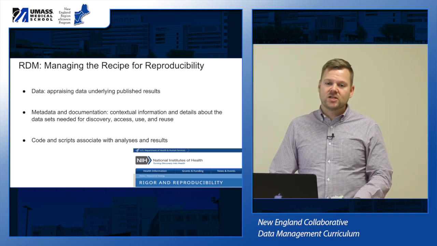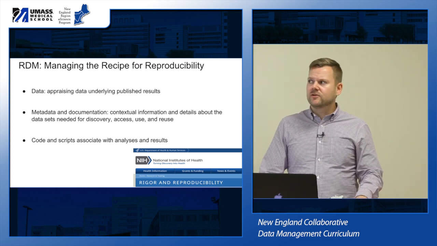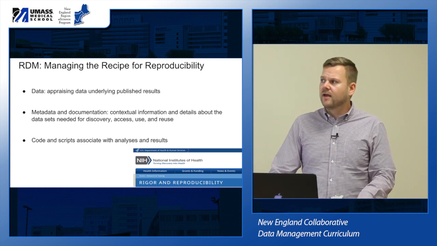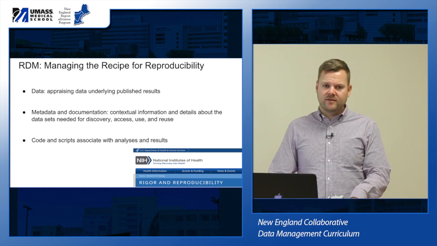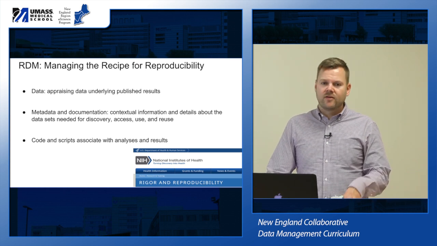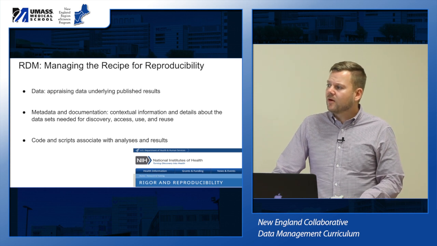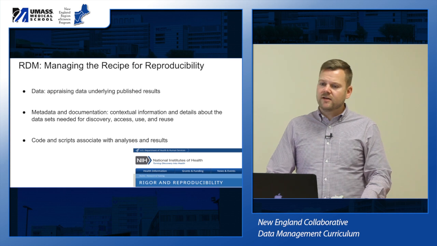So documentation and metadata are fundamental. We've heard from researchers in the past that when they've downloaded data sets from a data sharing repository that has not also had documentation and metadata uploaded with the data sets, in many cases those data sets are useless to them.